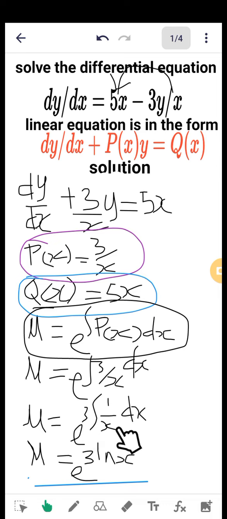So integrating gives ln x. Multiplying by the 3, we get e exponent 3 ln x.